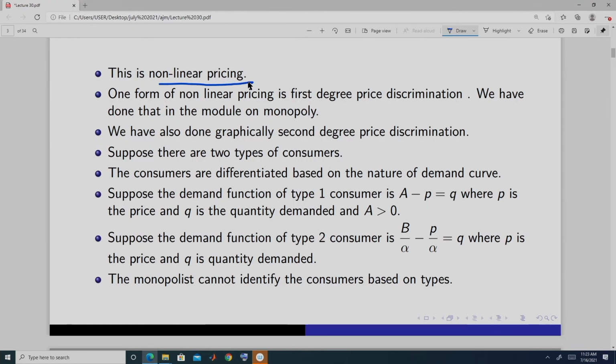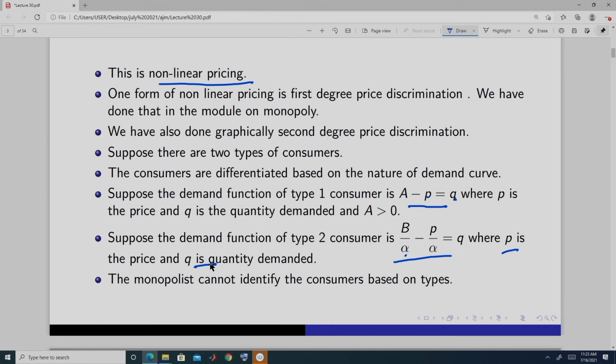Since the monopolist is doing bundling, this is a form of non-linear pricing, and for simplicity we assume that there are two types of consumers. It can have more than two types of consumers, and the demand function of type 1 consumer is this, where P is the price and Q is the quantity, and the demand function of consumer 2 is Q = B/alpha - P/alpha, where P is the price and Q is the quantity demanded.